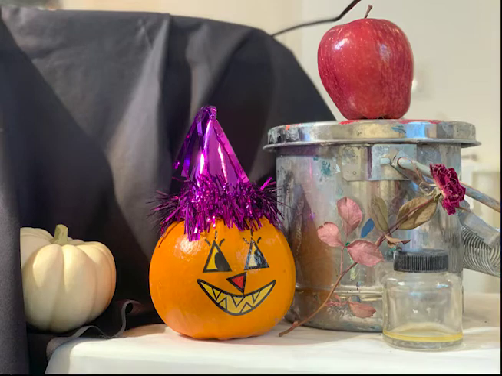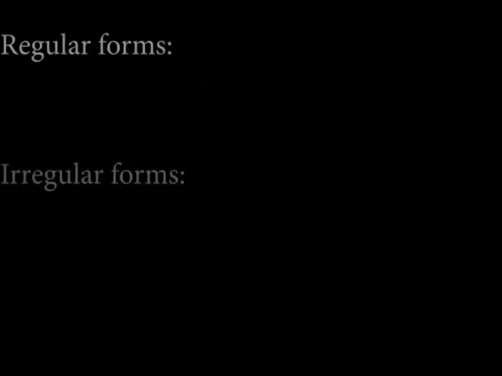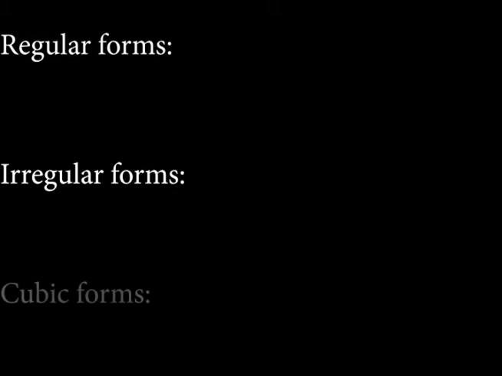It is suggested that you begin with objects that are somewhat limited in their complexity, mixing regular forms with irregular forms, as well as cubic forms. Regular forms are man-made objects that are regular or symmetrical in form.